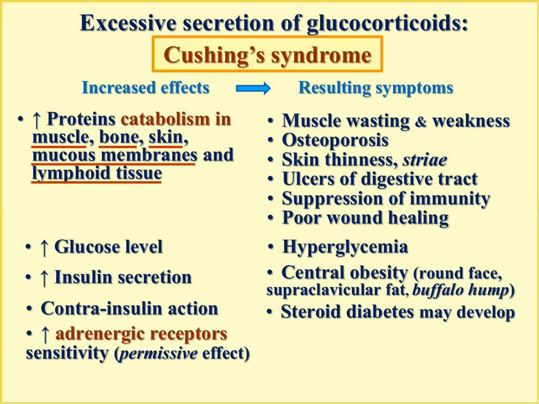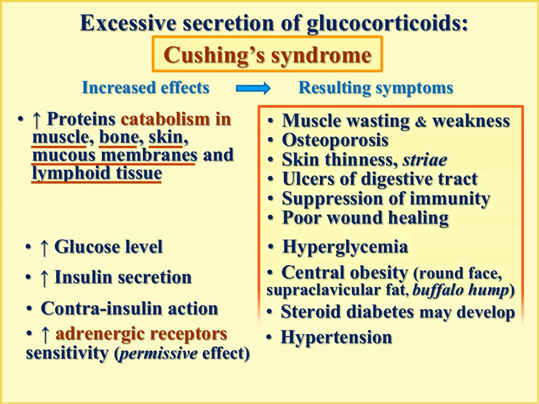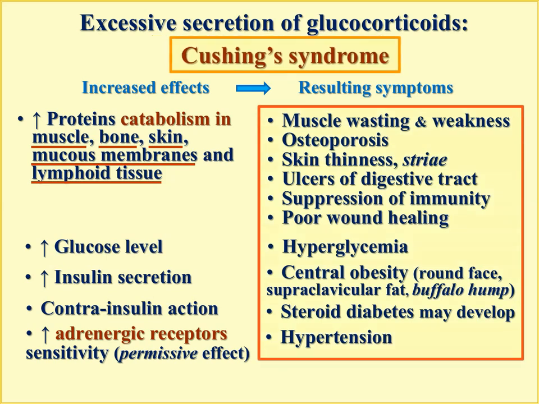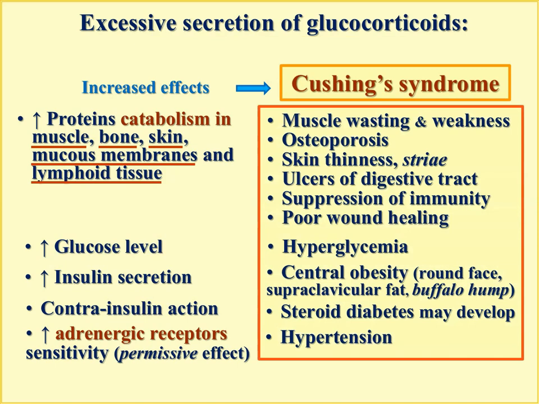Then, permissive effect that increases adrenergic receptor sensitivity creates hypertension because of high cardiac output and high vasoconstriction, and therefore blood pressure usually is increased in these patients. And all this listed is included in the description of Cushing's syndrome.